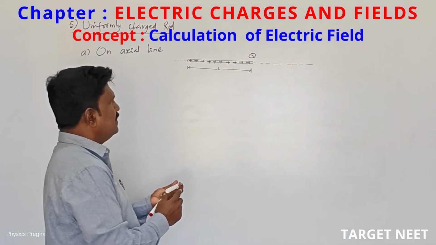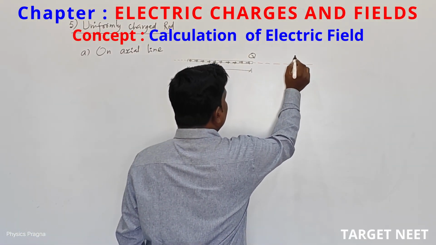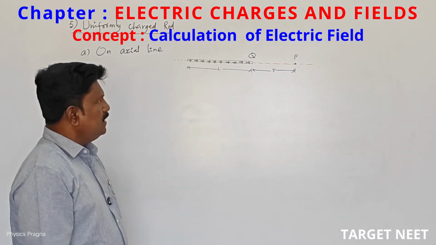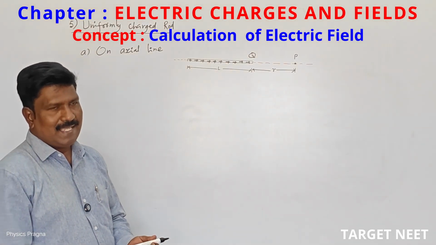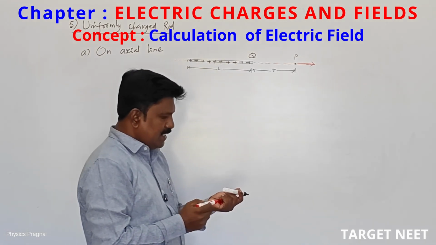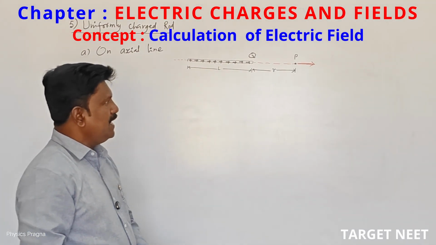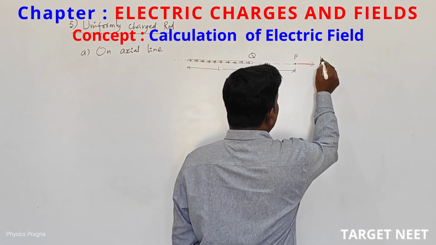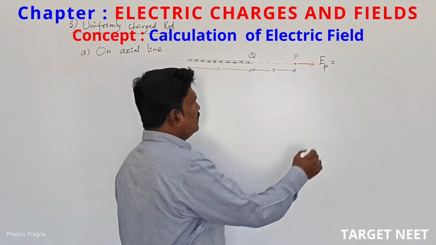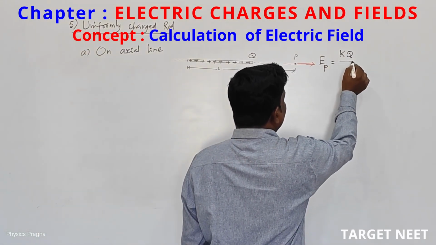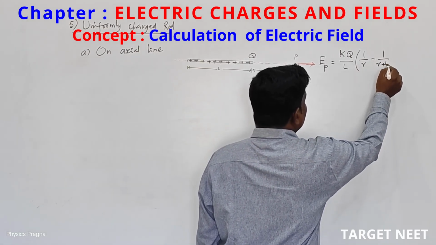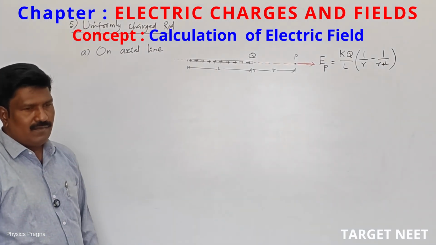On this axial line, a point P is there. That point P is at R distance from one end of the rod. At P, the electric field we have to calculate. The electric field direction is as usual away from the positive charge. That arrow mark shows the direction of the electric field. So the electric field at P is kq by L into (1 by R minus 1 by R plus L). So this is the formula.